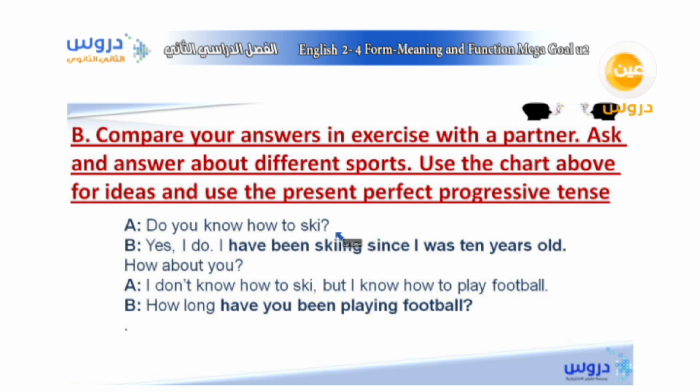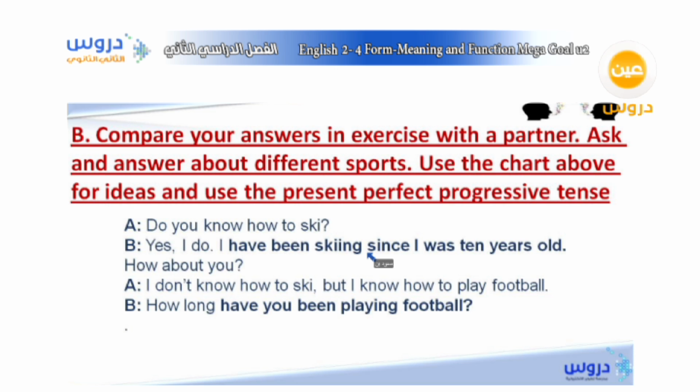Do you know how to ski? Yes, I do. I've been skiing since I was 10 years old. How about you? I don't know how to ski, but I know how to play football. How long have you been playing football?